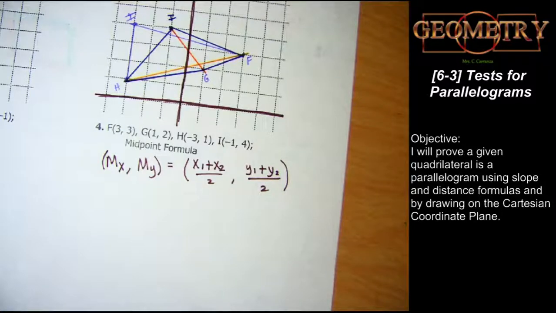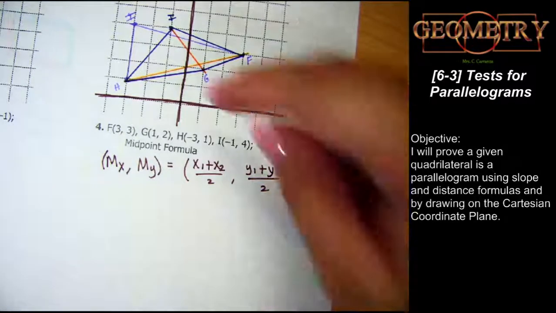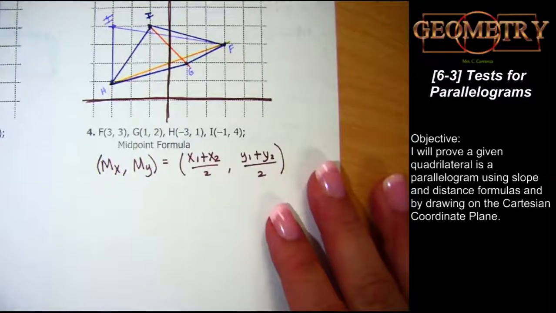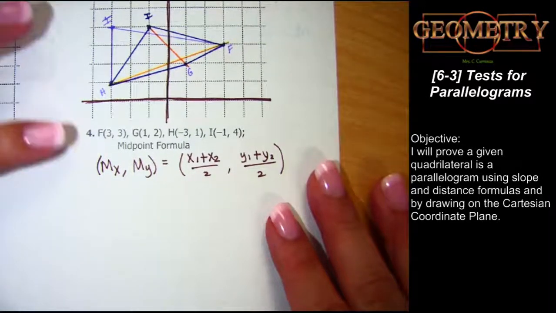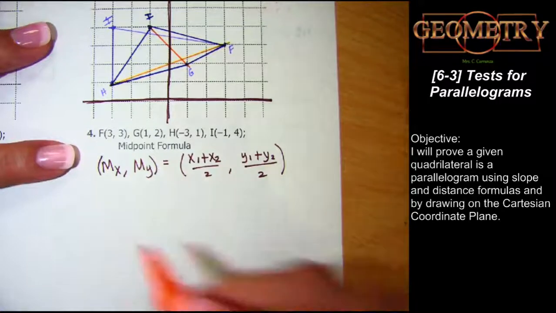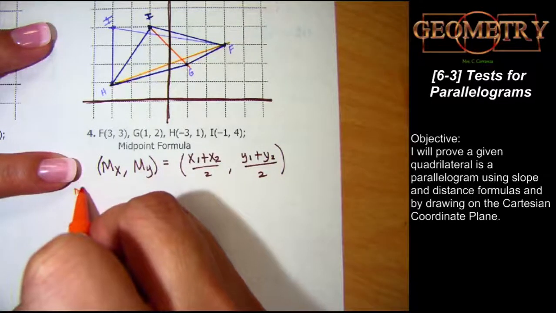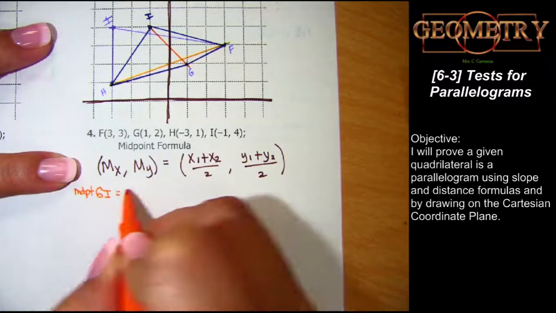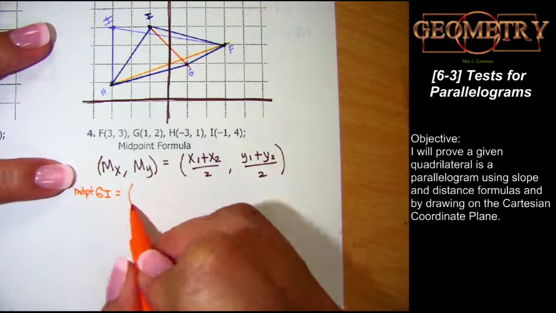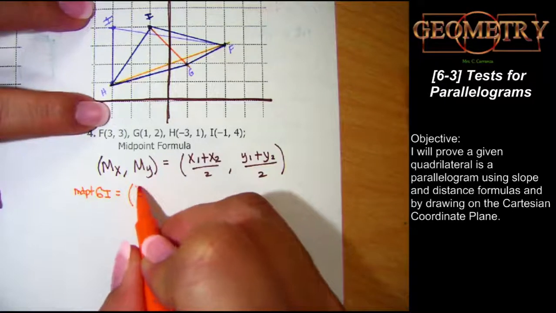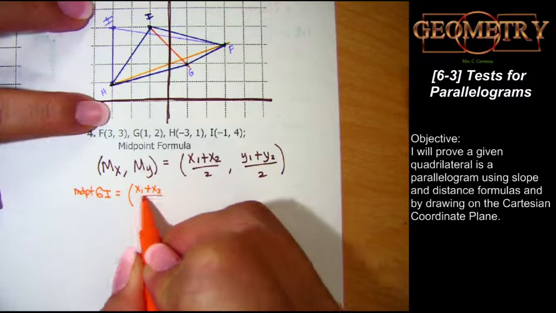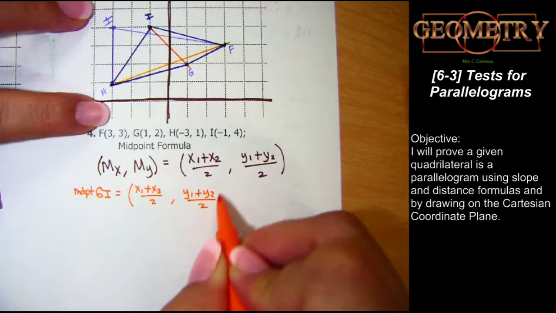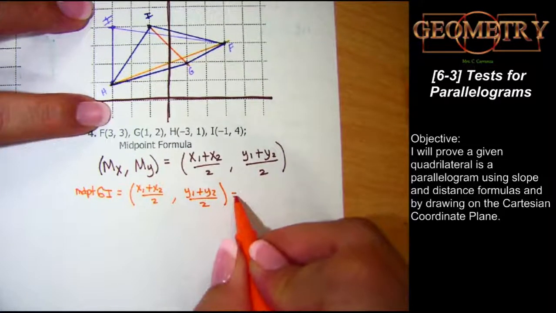Totally doesn't look like they bisect each other because we've got a long piece here and a really tiny piece there, so it totally doesn't look right. But let's check. All right, let's find the midpoint of GI. So midpoint of GI is going to be x1 plus x2, y1 plus y2, both of those over 2.